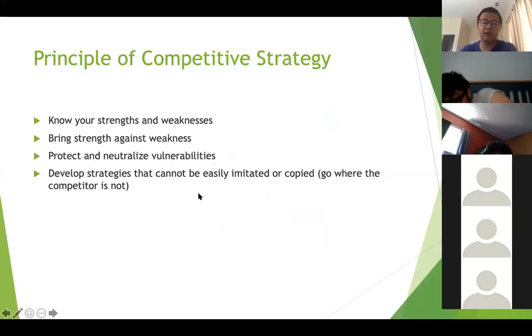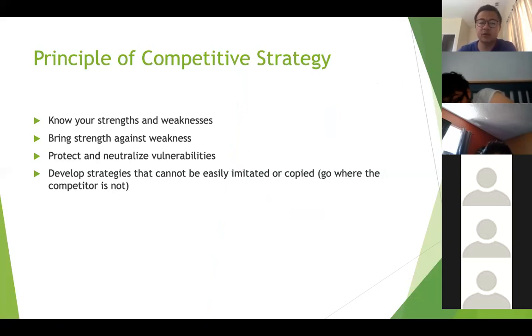Okay, the principles of competitive strategy are quite easy to understand. The first one is know your strengths and weaknesses. Second, bring strengths against weakness. Here, the weakness means the weakness of your competitor, not your weaknesses.